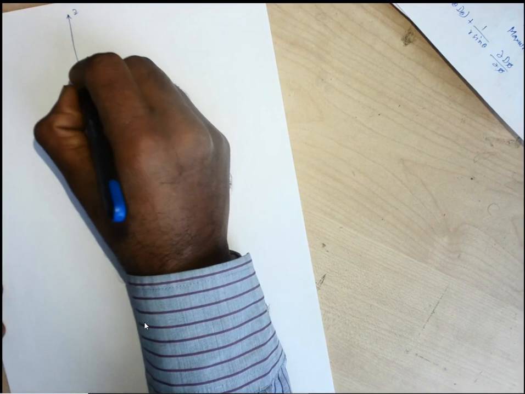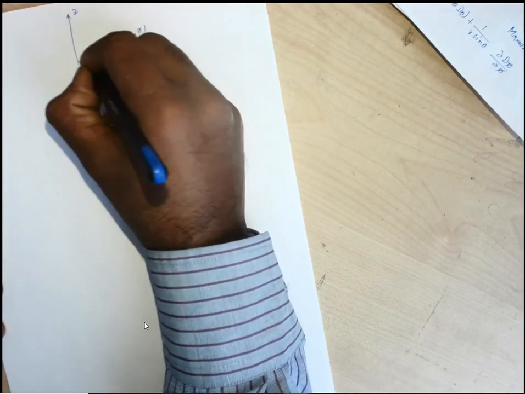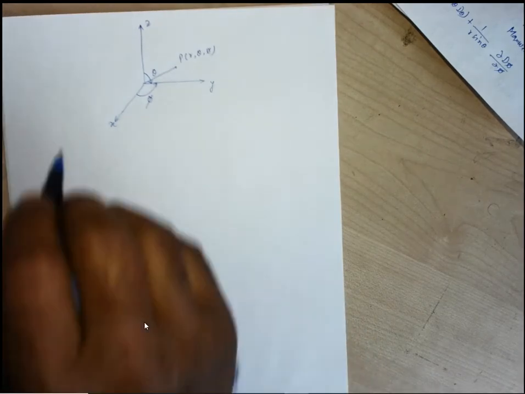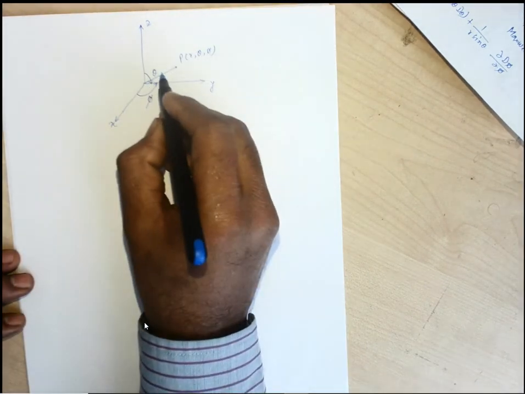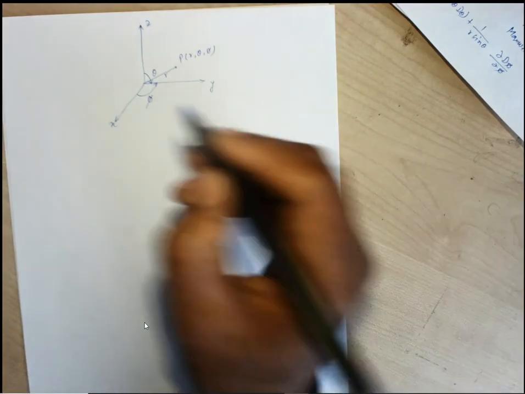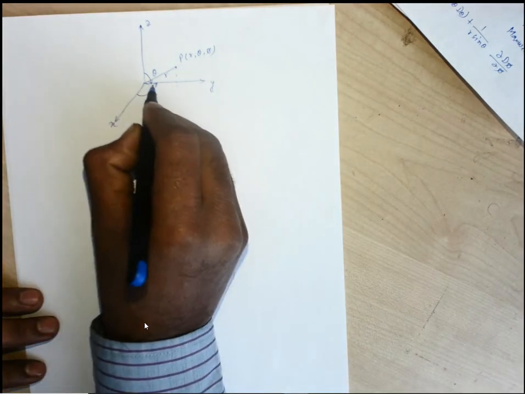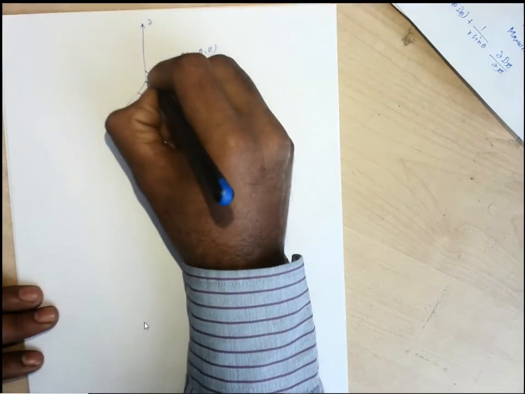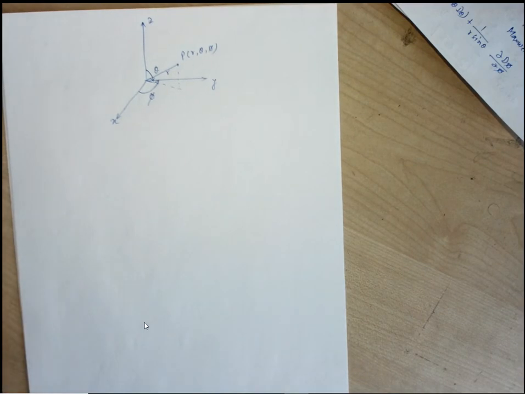Any point is given by r, theta and phi. Try to think of this point in 3D space somewhere like this. This point has some specific radius and some rotation. If we take the projection on the xy plane, we can get the value of phi. Then we can get the value of theta also. So any point in 3D space in the spherical coordinate system has three coordinates, that is r, theta, phi.